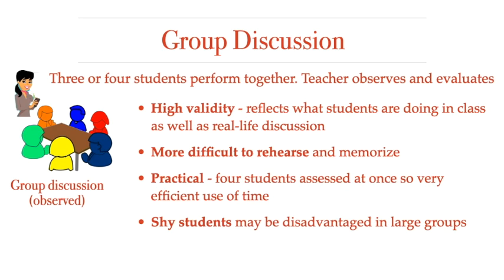But a good way to work around that problem is to award extra points for leadership. If leadership is an evaluation criterion, the teacher can give credit to students who may help weak or shy students to participate. This will motivate group members to include everyone in their discussion.